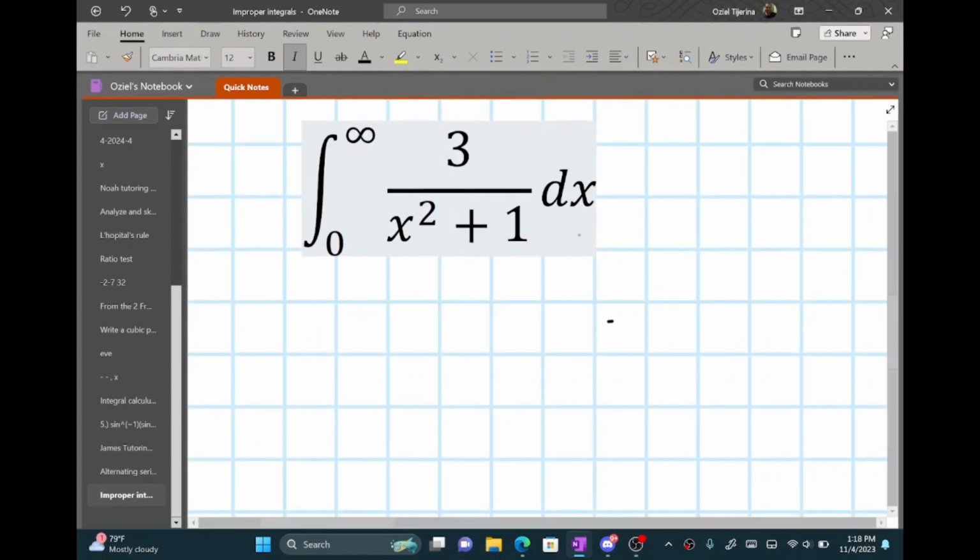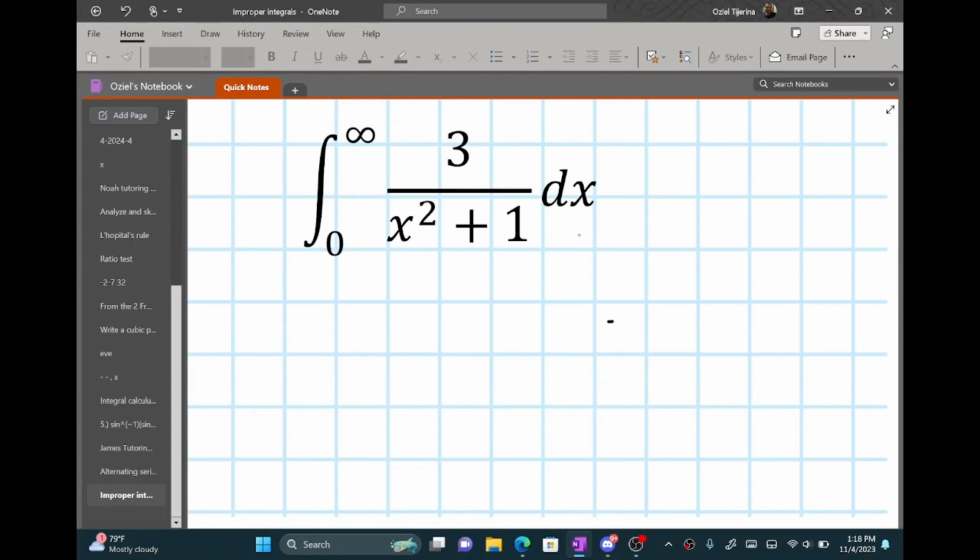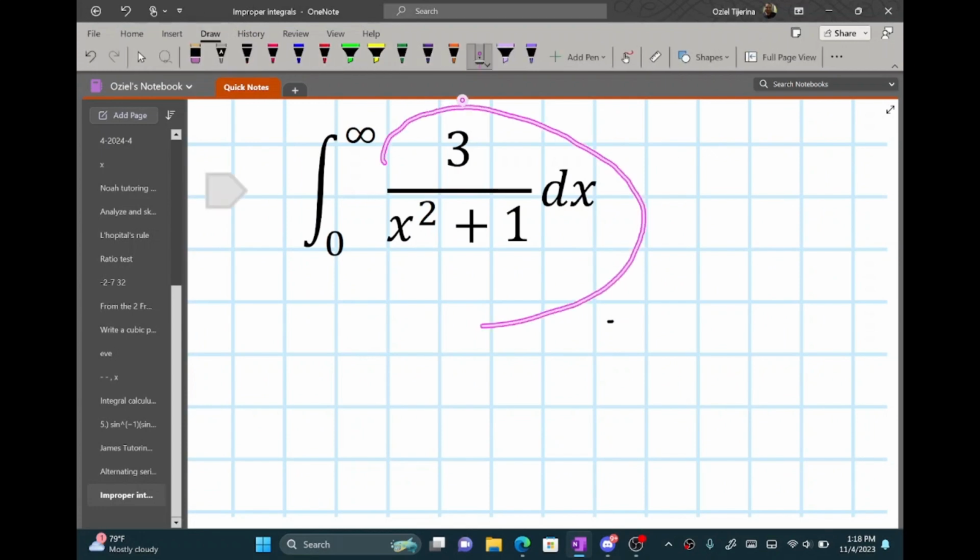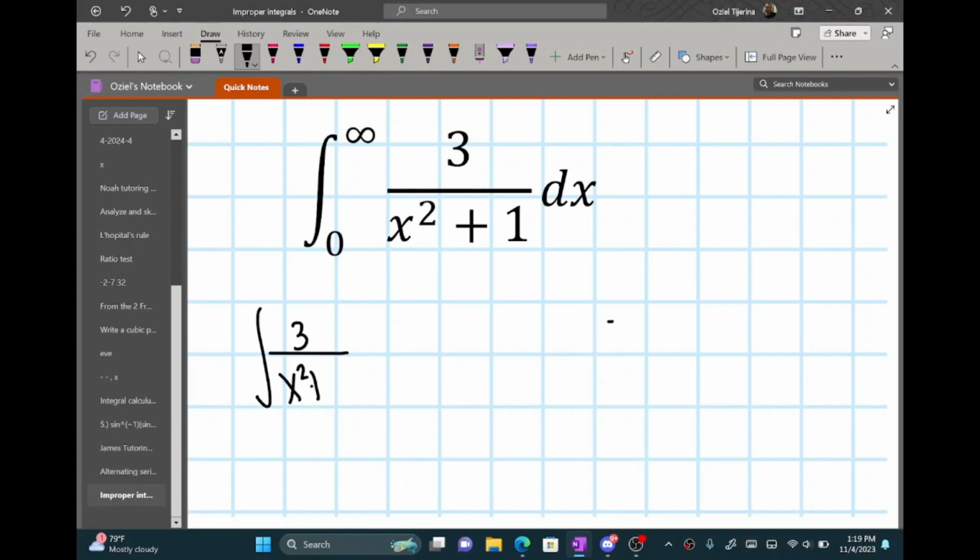The first thing here is that we need to integrate this stuff over here. So 3 over x squared plus 1 dx. This can be equal to 3 times the integral of 1 over x squared plus 1.